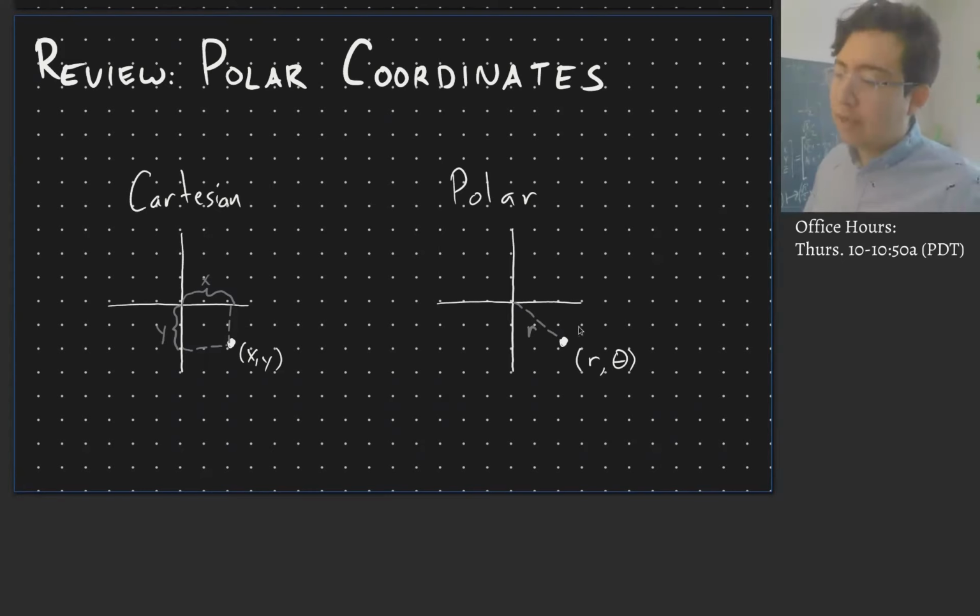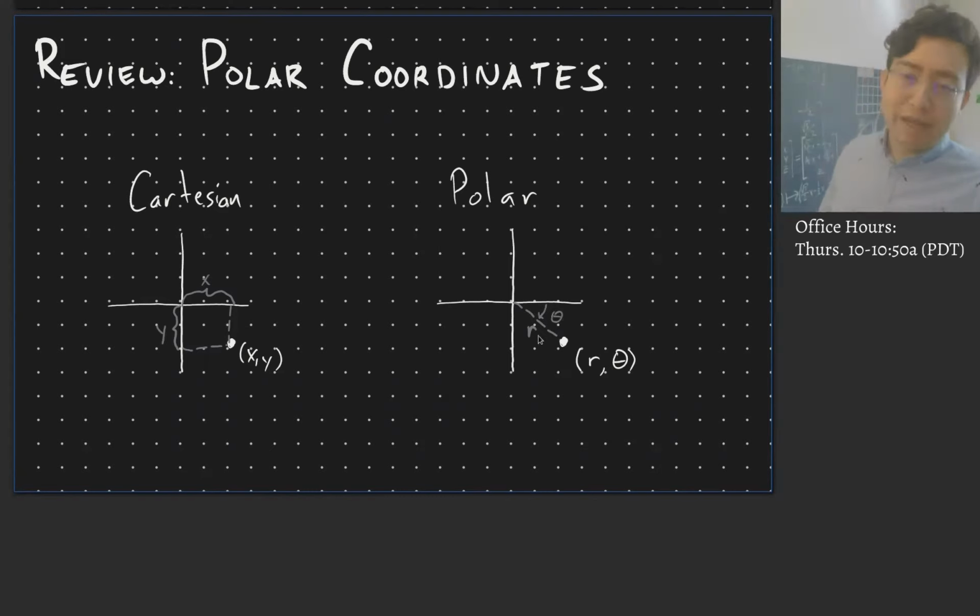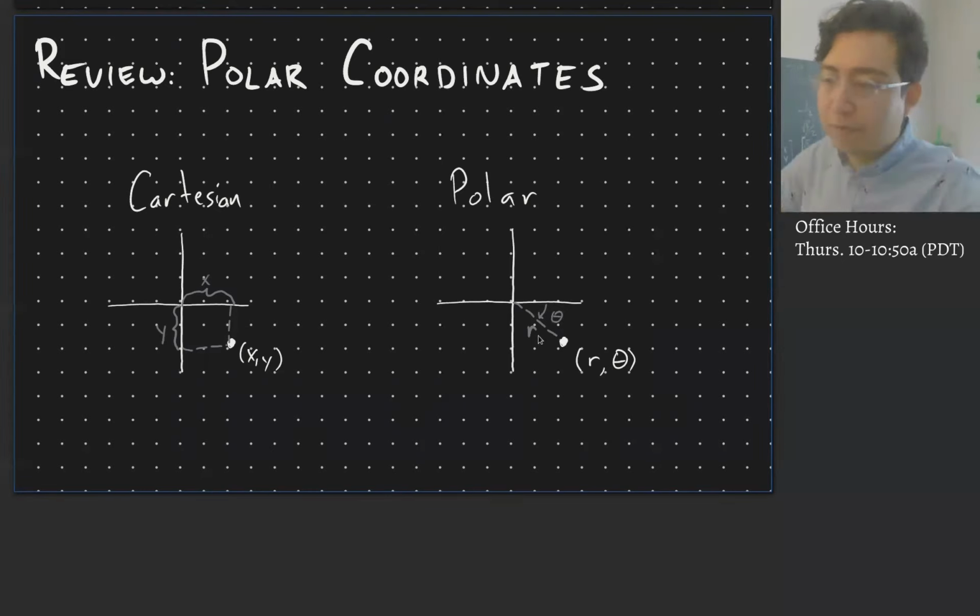And this theta is the angle from the x-axis. We always go off of the x-axis. You might remember that from your pre-calc days: angles are always measured from the x-axis. That's just a convention we use. And that's our polar coordinates. You still need two numbers, but the numbers represent different things, okay?